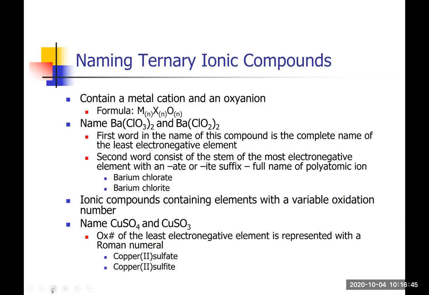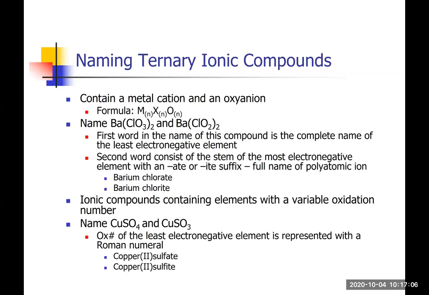We also have ternary ionic compounds, and I'm going to make this a little bit easier for you in this course. We're not going to deal with prefixes per and hypo, and we're not going to deal with a variety of suffixes. Now that is the case just like ternary oxyacids were, but I'm not going to ask you about that in this class.